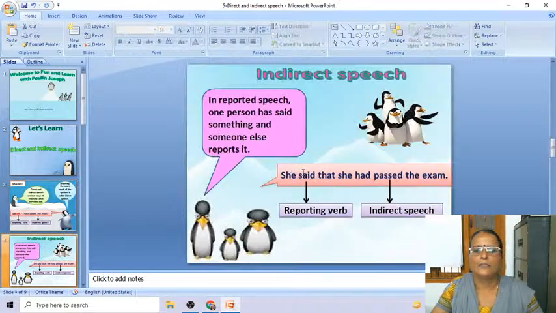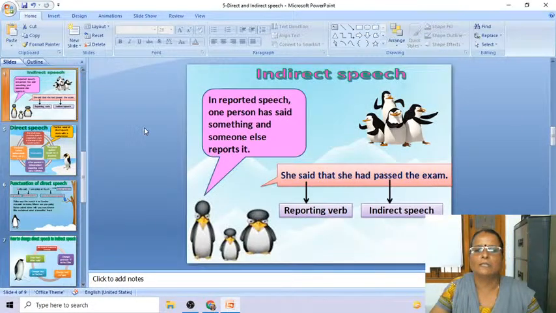Read it. Indirect speech is given here. Yesterday I showed you these samples. Now you see how nice it is. In reported speech, one person has said something and someone else reports it, as Parth Shukla has said. Now you see, the reporting verb is there, but the direct speech is changed into indirect speech. So what are the changes that you can observe?